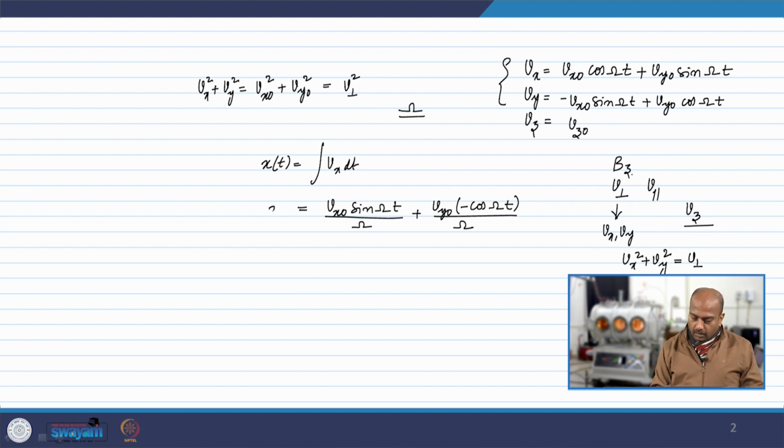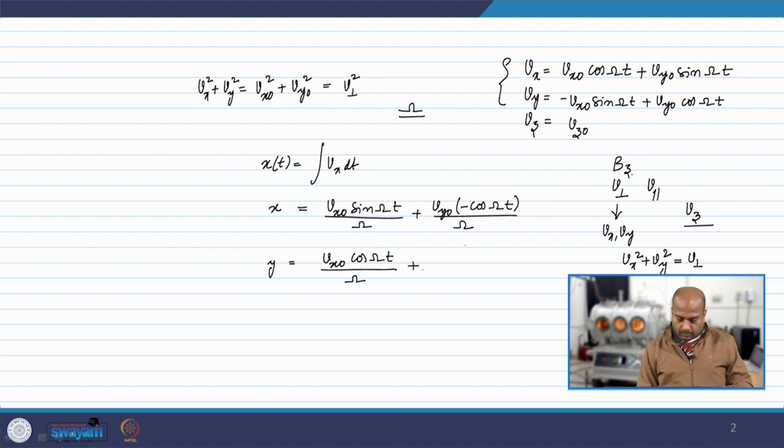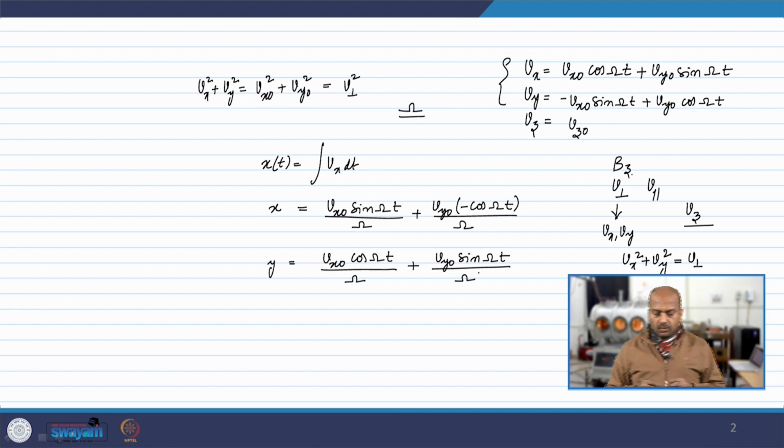This is x. And similarly, we can write y as Vx0 cos omega t divided by omega plus Vy0 sin omega t divided by omega. Right. So there are some constants, and I'm neglecting all the constants. So x and y will look like this.